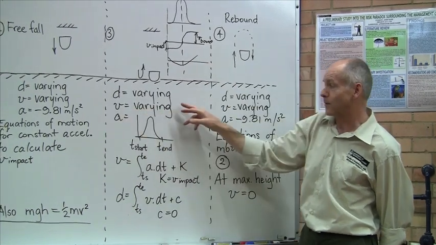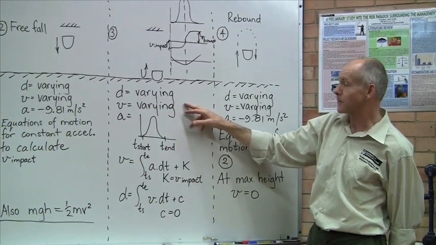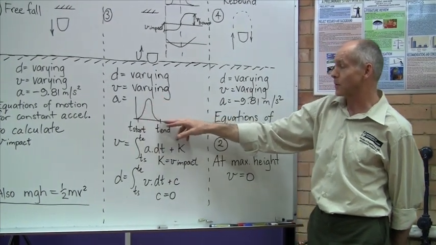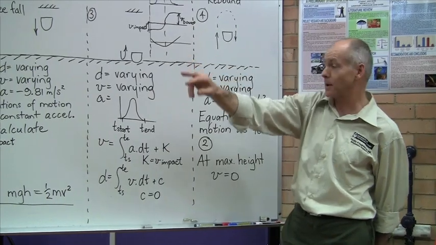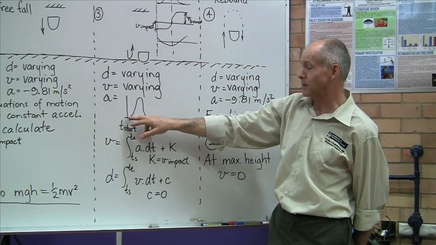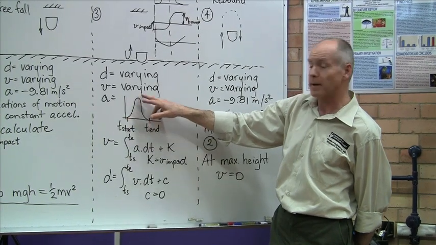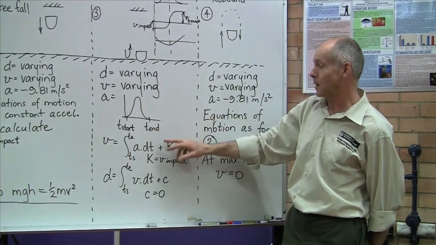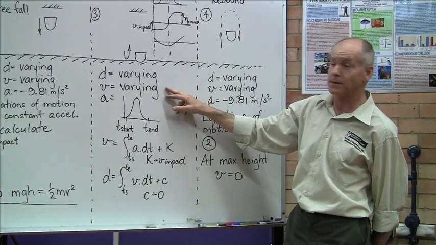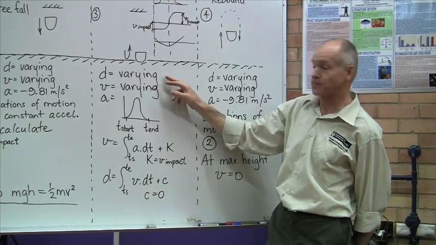Also during this stage, the velocity is varying, and the acceleration is the acceleration pulse we got, as displayed on the computer there. The acceleration starts from 0g, goes up to a maximum and comes back down again. Because acceleration is varying, that's what gives us varying velocity and varying displacement.